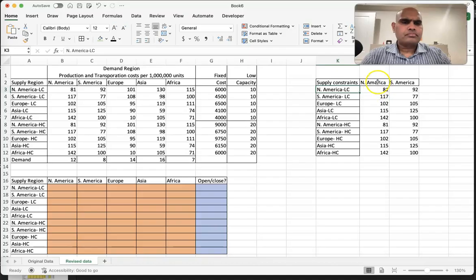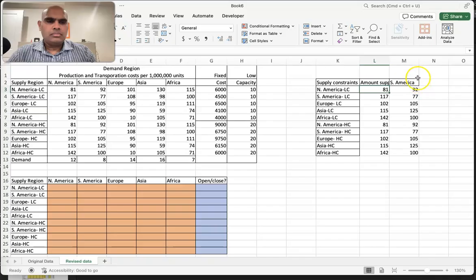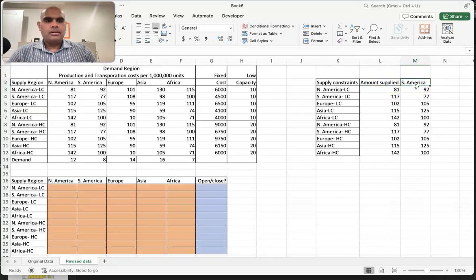All right, it's not North America. South America, I'm going to say amount supplied out of this particular location. Amount supplied and capacity. Right? These are going to be all my constraints.